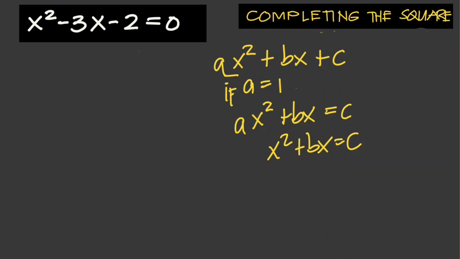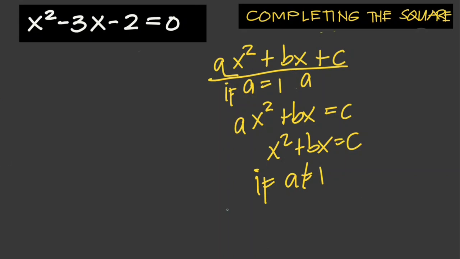So what if a is not equal to 1? If a is not equal to 1, you just have to divide the whole equation by the value of a to make a equal 1.